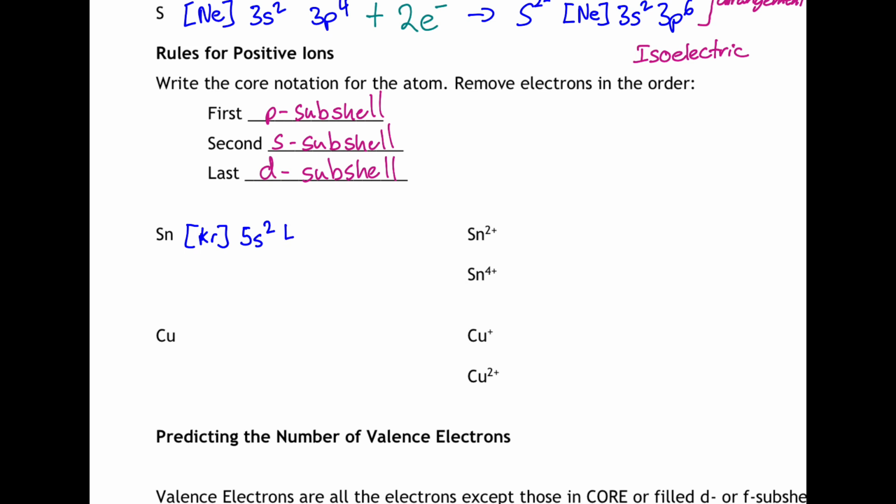That makes sense if you looked at the last lesson. 4d, how many? I use all of them because tin's on the 14th column, so I'm getting all 10 across there. So I get 4d10. And then how many of the 5p electrons do I have? Yeah, so hold up, we're now to 2 in this one. So to start making ions, which ones should I take first?